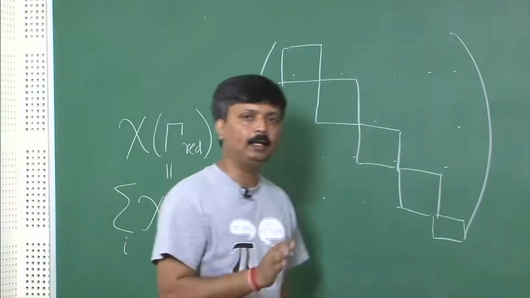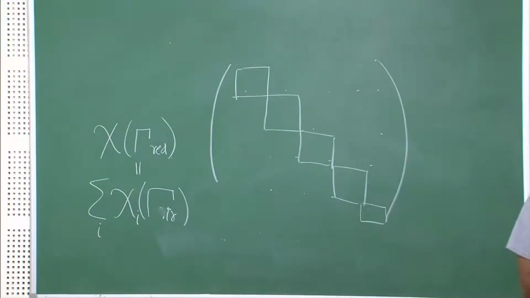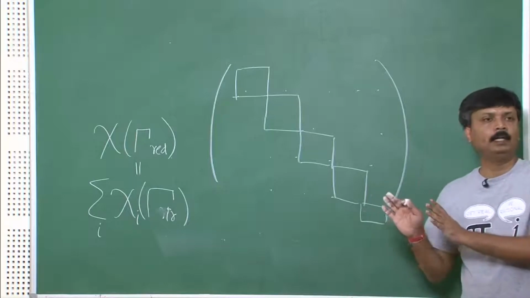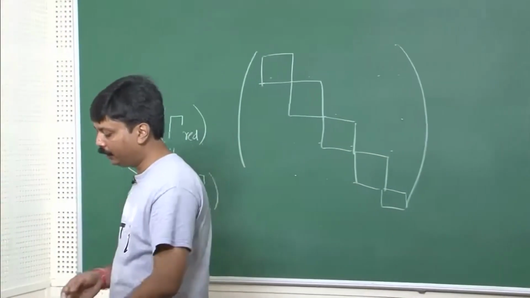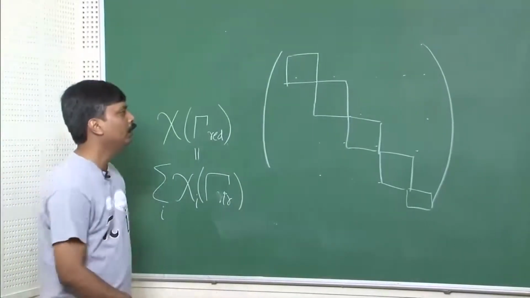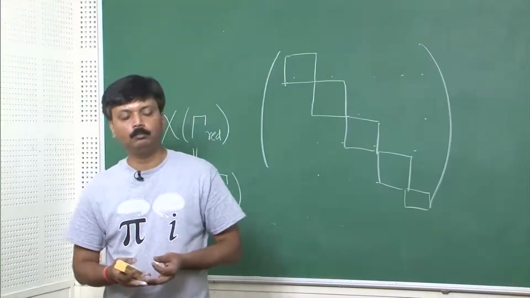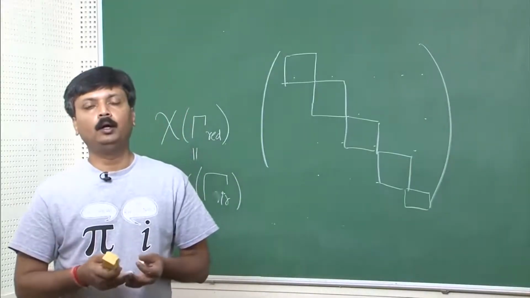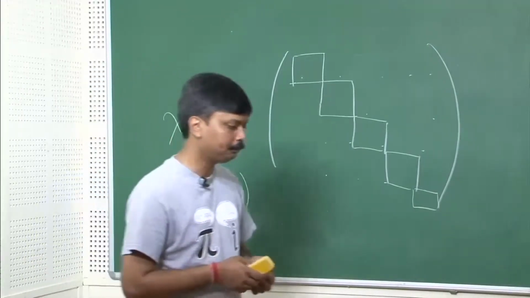That is the nature of this matrix representation. So after reducing, the character doesn't change. That is a very good thing for us, because that will give us a way to reduce any given representation.